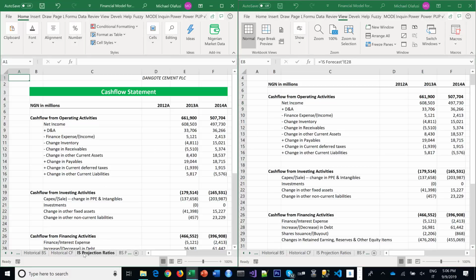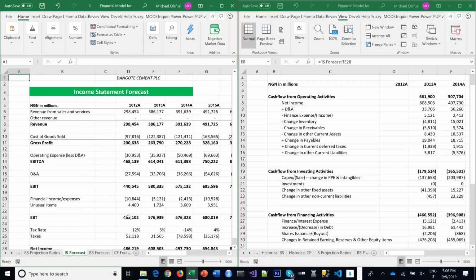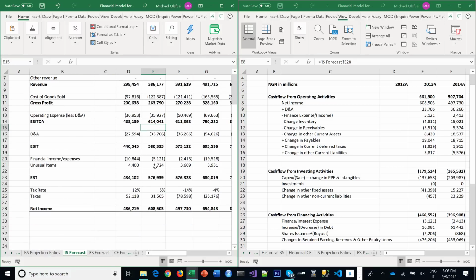So I go to the income statement. Did I pick the revenue from the right sheet? I think so. Did I pick the depreciation from the right place? Yes. Did I pick the financial income from the right place? The financial expense from the right place? Yes. Okay, I think I've seen where the issue is. This, okay, yeah, it's correct.